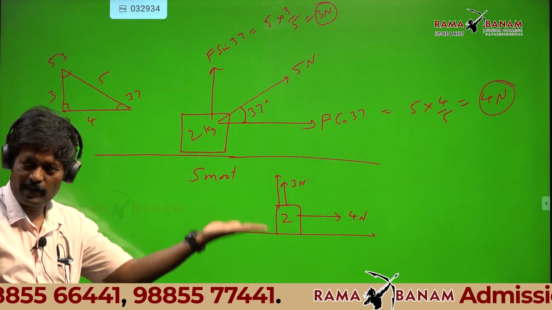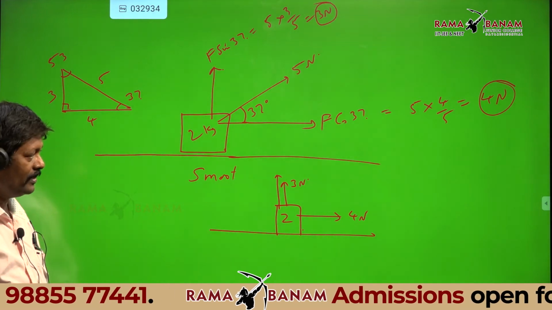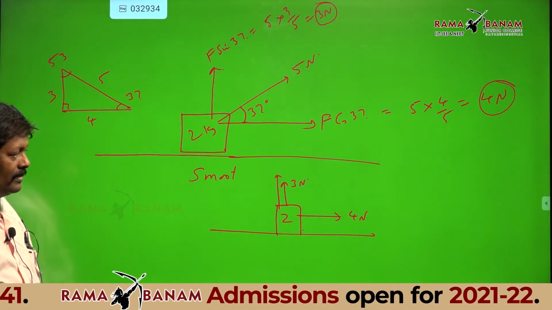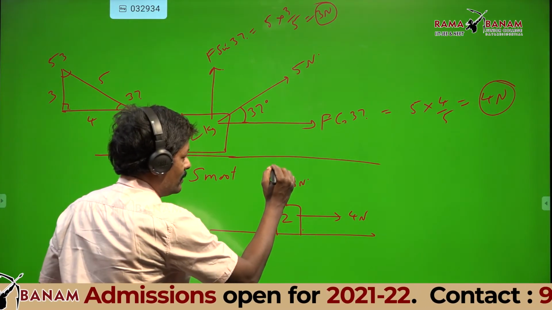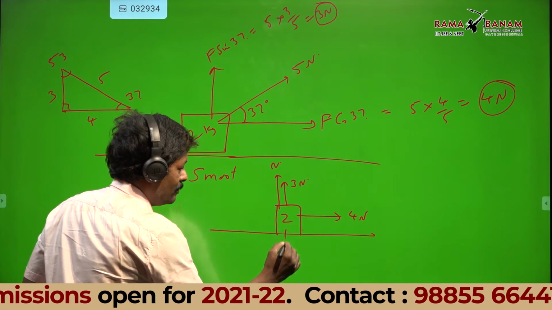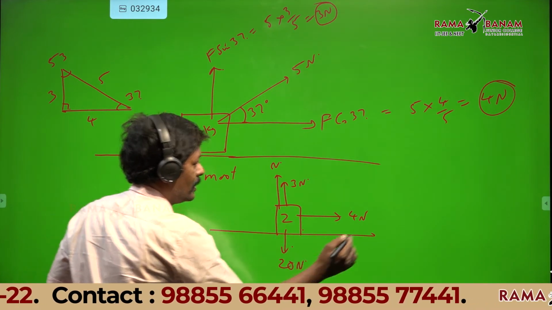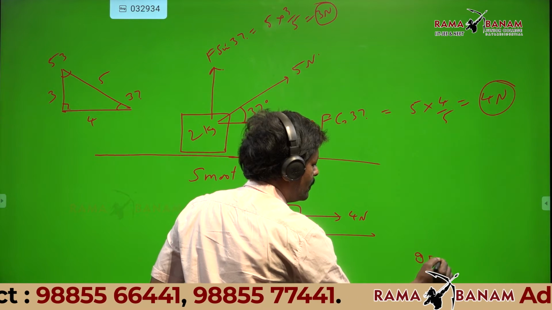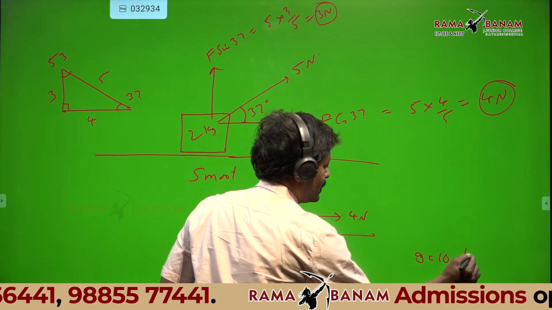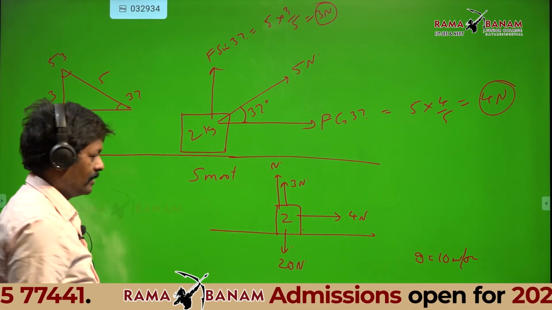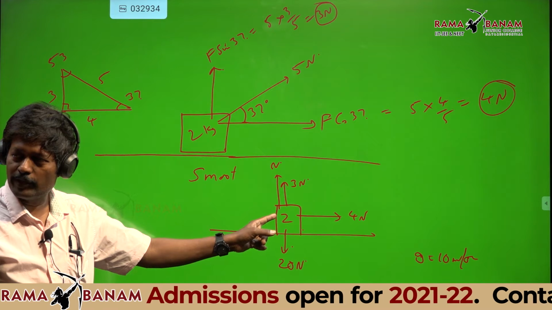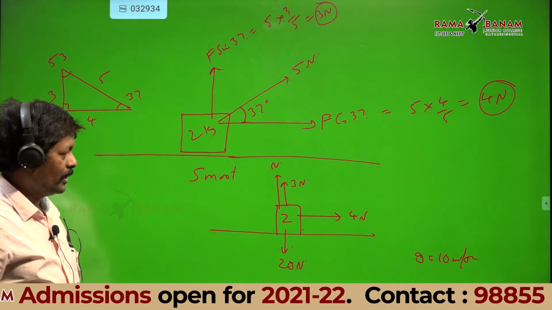What is that called? Normal reaction. And mg will be down: 2 into 10, taking g as 10 meter per second square, which is 20 Newton.